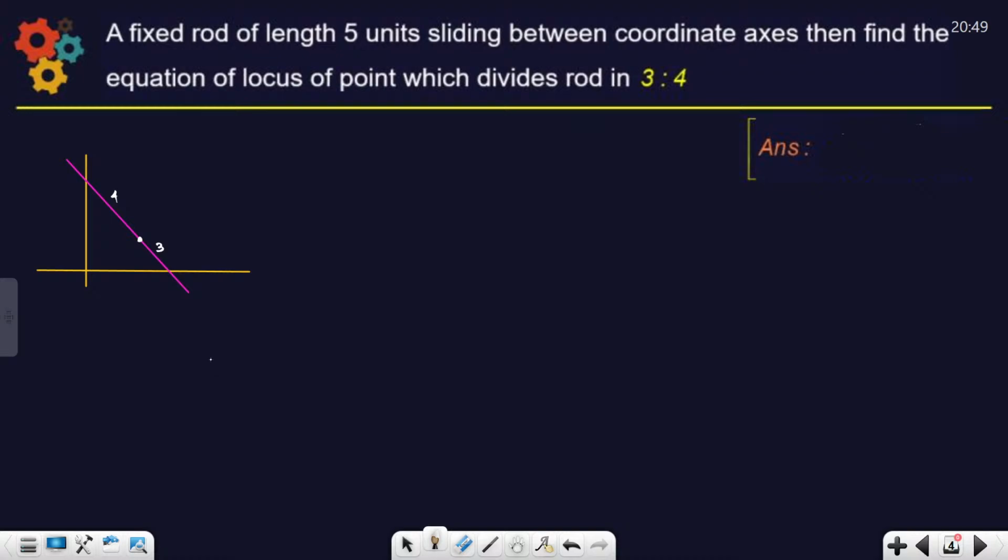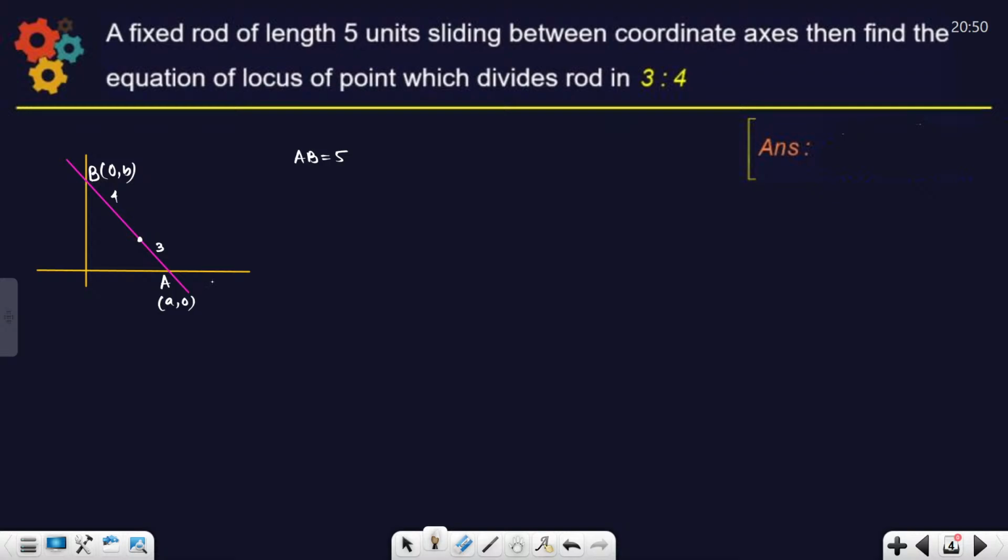Clear? This length is 5 units. What is given to us? Let me denote this point by A and this point by B. So let us say this is (a, 0) and this is (0, b). So the length of the rod AB is given as 5.